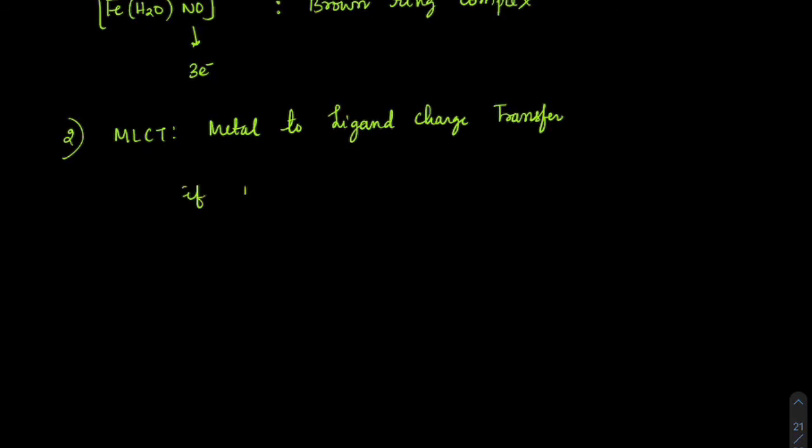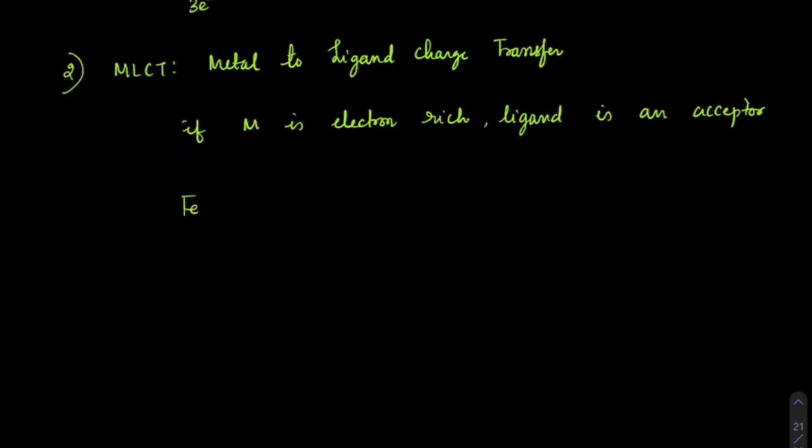Suppose if this metal is electron rich, got it, and the ligand is an acceptor, then this can take place. Okay, for instance, if I take iron and bipyridine, Fe(bipy)3 2+.